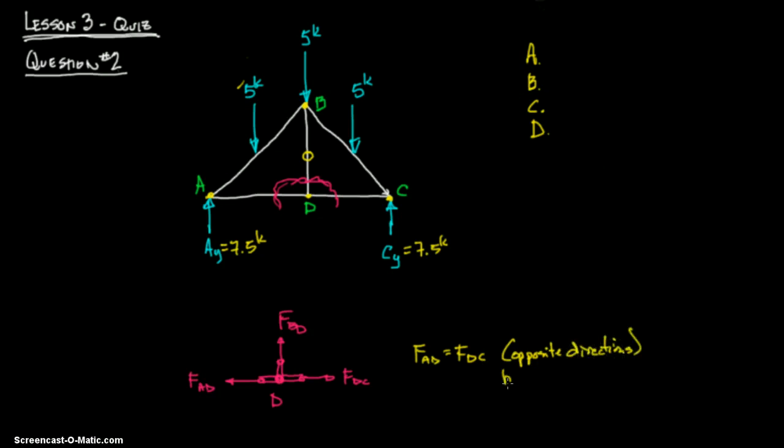So they're going to be either both compression or both tension. And this is just what you're going to think off the top of your head. Oh, well, they're equal and opposite, therefore if one is coming in, they both have to come in, or if one is coming out, both have to come out. But we know that they're actually going to be in tension just based on what we know about a simple span. These should be in compression, and this should be in tension, just like if you think about a beam.